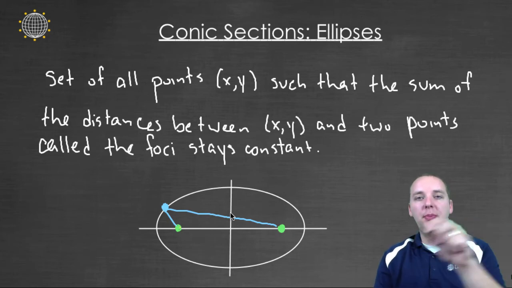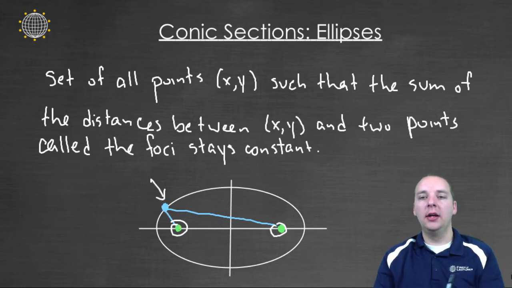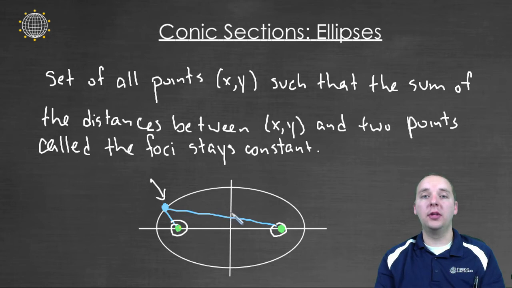As you move the pencil around, you can imagine you would sketch out an oval like this. So imagine this is a push pin and this is a push pin, and this is string being held tight by our pencil right here. As you move the pencil back and forth, you'll actually sketch out an oval type shape. So this is where you get an ellipse from.